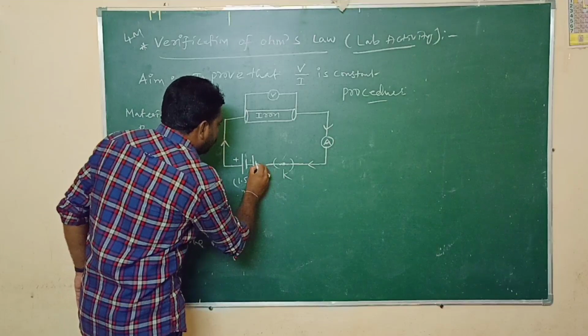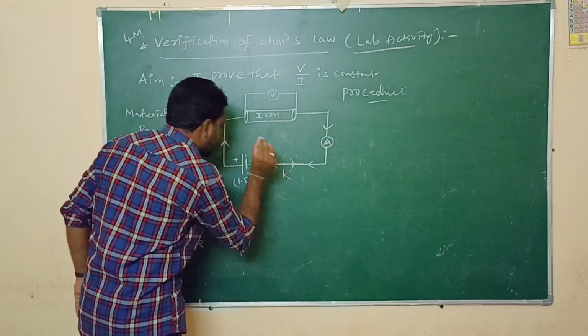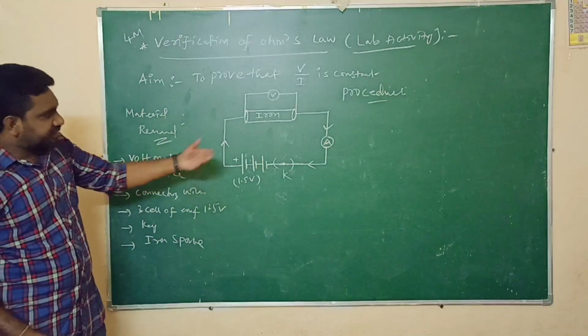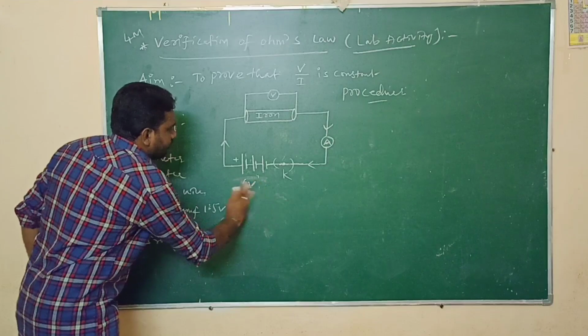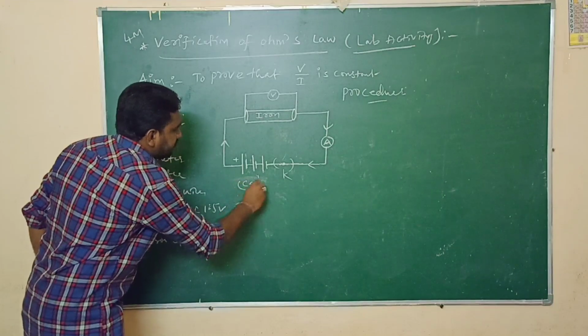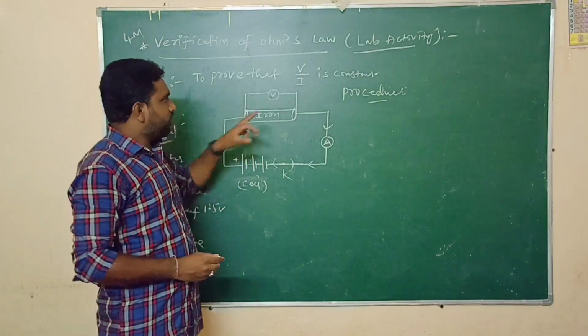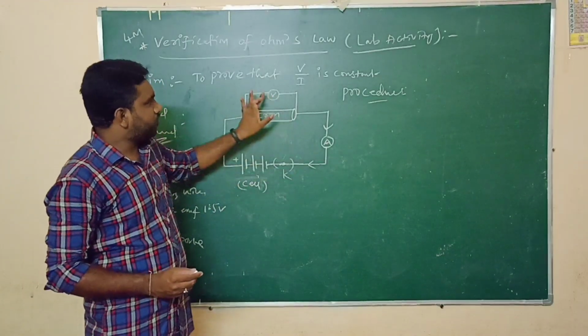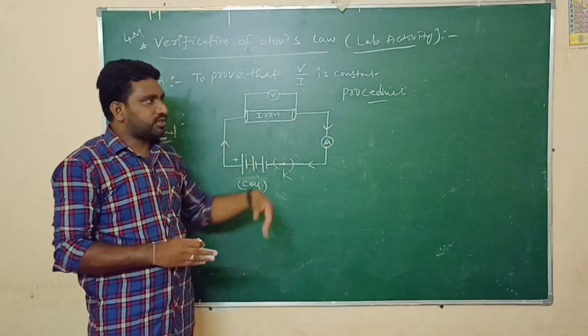Afterwards, we increase one more cell in series. By increasing the number of cells, we need to note the readings of potential difference and current from the voltmeter and ammeter. We should record all these values in the table.